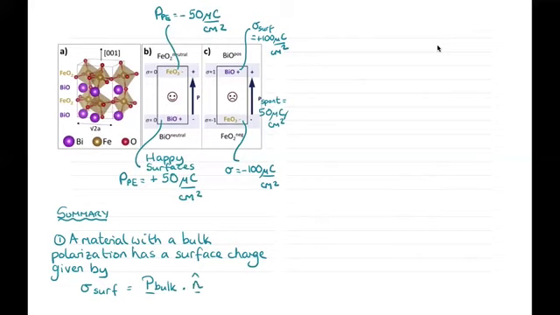And this bulk polarization can come from spontaneous polarization in a ferroelectric. It can come from a half polarization quantum in a paraelectric, or a combination of the two.